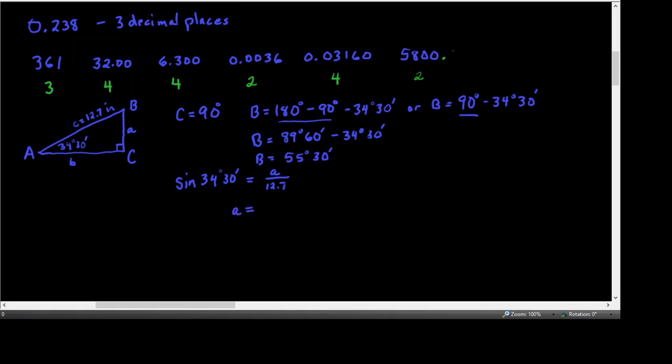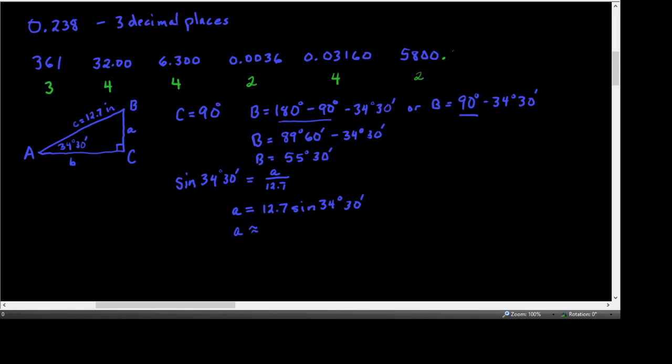So to solve for A, we'll want to multiply both sides of the equation by 12.7. And then this is what I call calculator ready form. It's ready to just type in your calculator and record the answer. I'm, for the most part, going to just give you these answers. You should probably pause the recording and type every time in that's something kind of new, a little bit different.